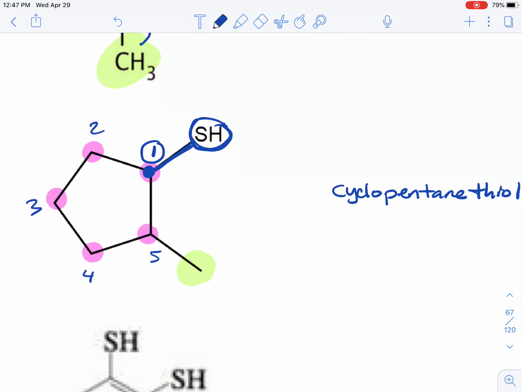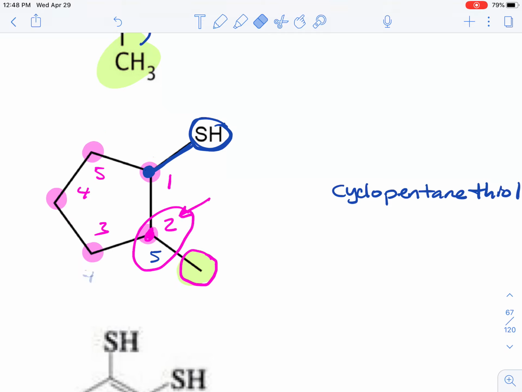If I number it clockwise, I would get 1, 2, 3, 4, 5. Since my substituent, a methyl group, is on this specific carbon, I compare these two numbers. Since 2 is lower than 5, the numbering system in blue, the one that went counterclockwise, is incorrect.